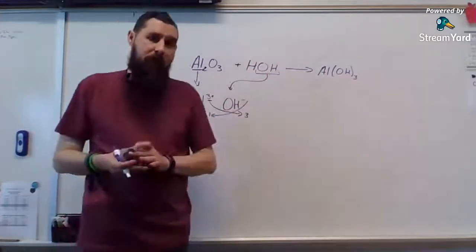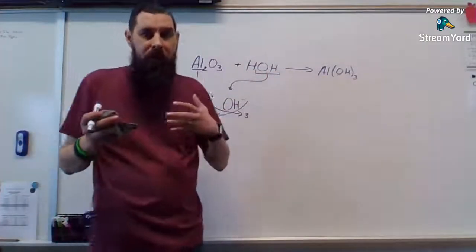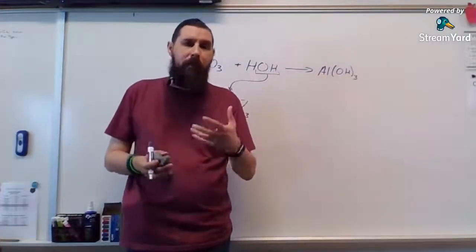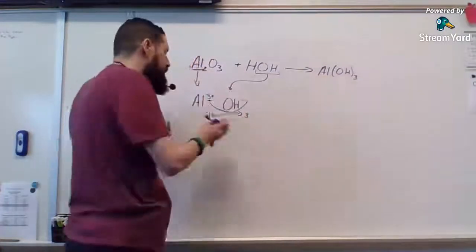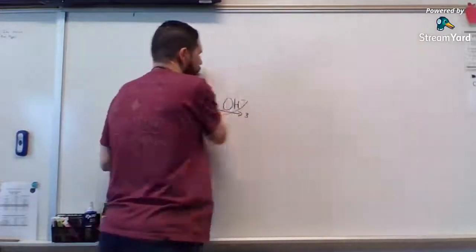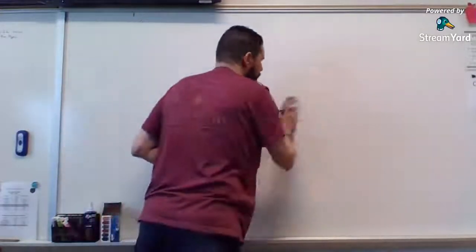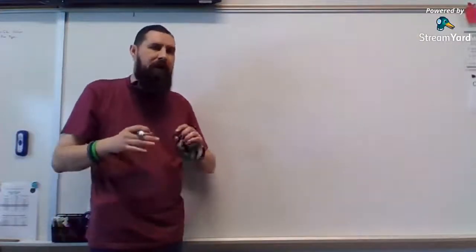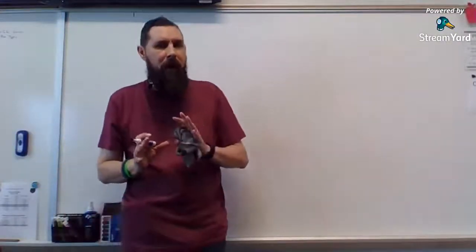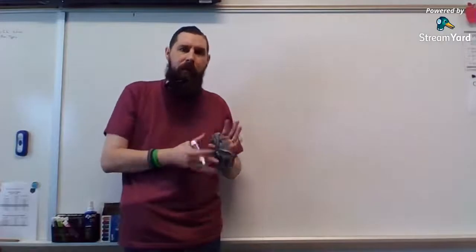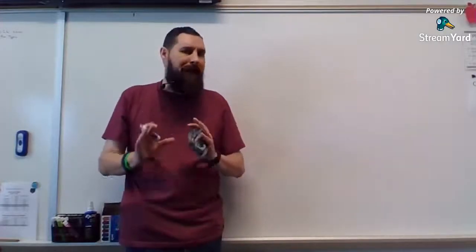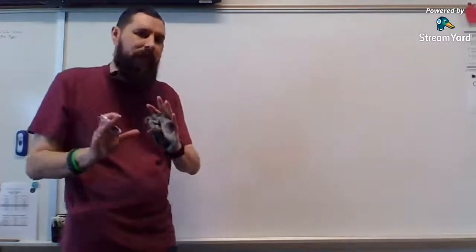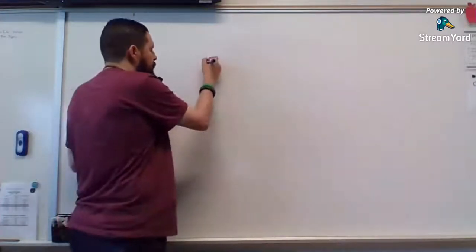The last type that we're going to be looking at is the non-metal oxides reacting with water, and these produce what's called oxyacids. And you'll see these in textbooks a couple of different ways. I'm just going to show you one example because, in all honesty, non-metal oxides reacting with water are not the best examples of synthesis reactions, and I'll illustrate that as well.